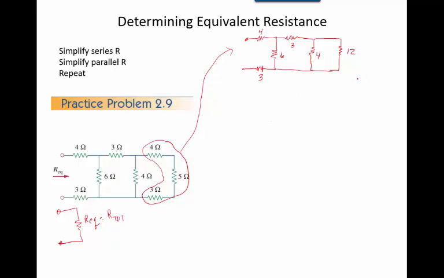I'm still working from the right to the left here. I see that these two guys are in parallel. 4, and then we write like this. 4 is in parallel with 12. It's only two resistors, so I can say it's this times this over this plus this. That little shortcut I just told you about.